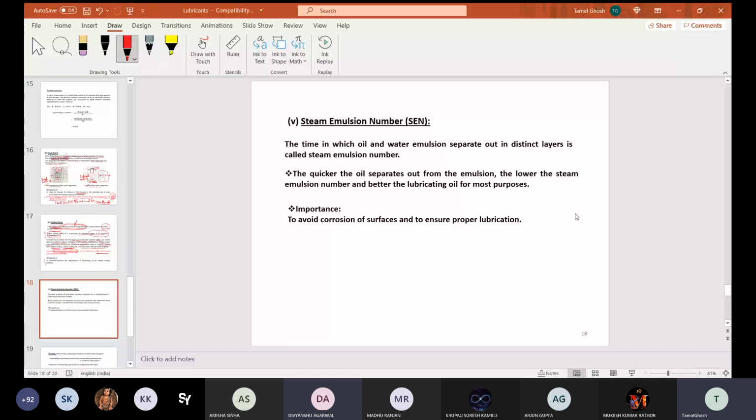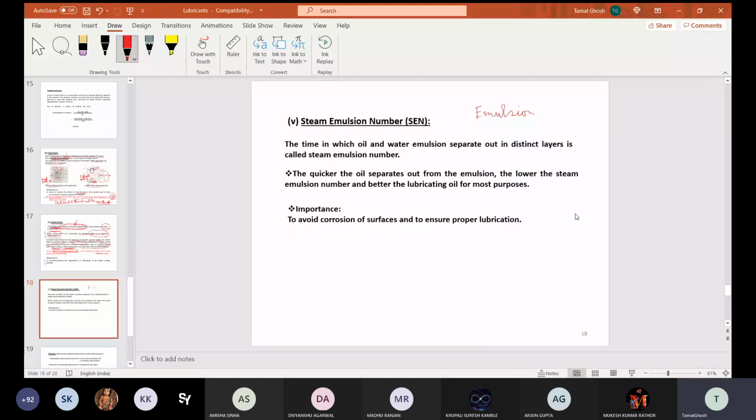Okay, thank you, sir. Steam emulsion number is the next property. In many conditions oil and water may come in contact with each other, but they won't dissolve. Rather, they form an emulsion.